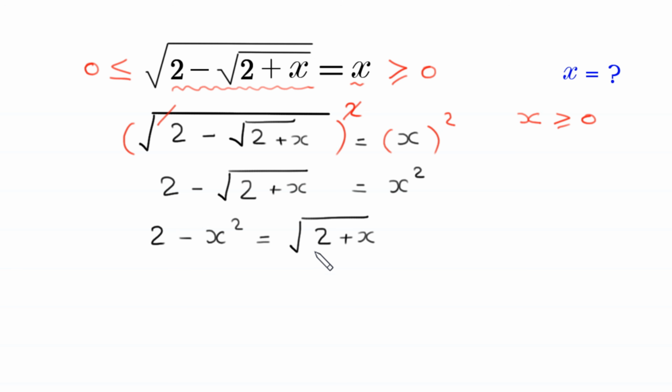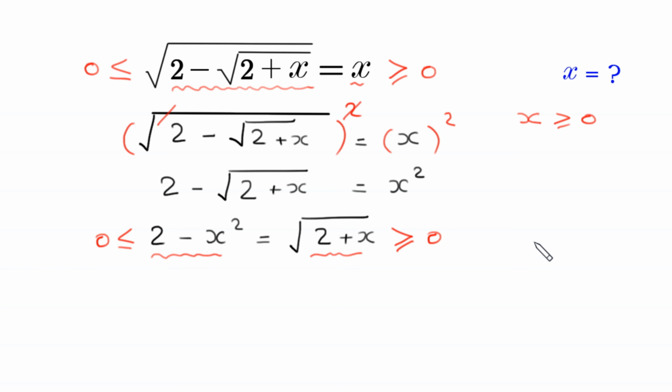Now this expression 2 plus x is under a square root, so this must be greater than or equal to 0. And this left hand side, 2 minus x squared, must be greater than or equal to 0.